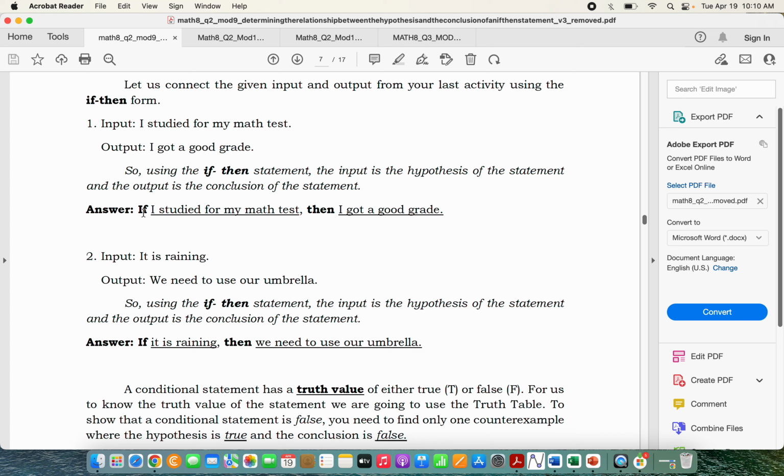Okay? So this statement here, after the if, is what we call the hypothesis. Okay, ito yung tinatawag natin na hypothesis. And then, the statement after the then is what we call the conclusion. Okay?